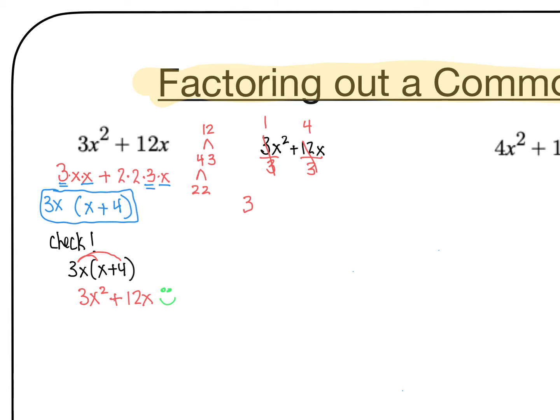Now, I take a look at the x's. I know that there's 2 x's right here, and there's 1 x right here. So I can at most divide an x into each one of those, and then I'll bring the x out here.